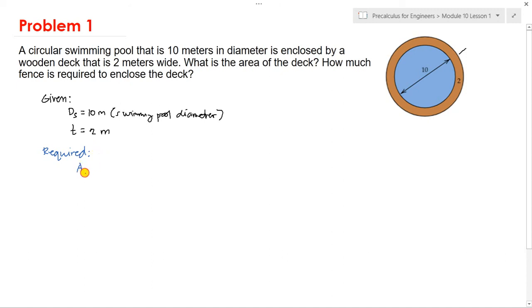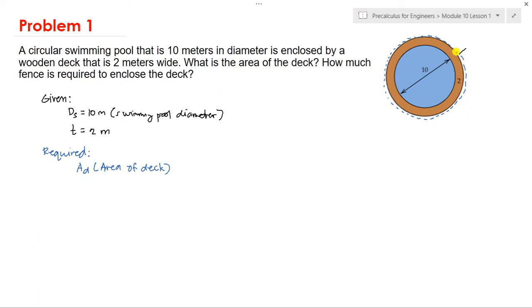So that is area of the deck. So AD, area of the wooden deck. And then ikaduha is how much fence is required to enclose the deck. So ang outside diameter daw anang wooden deck. Kuwalan man ko ni ingon man sa problem. Pila ang magamit. Okay, so unsa may pasabot anang fence kung sa circle?